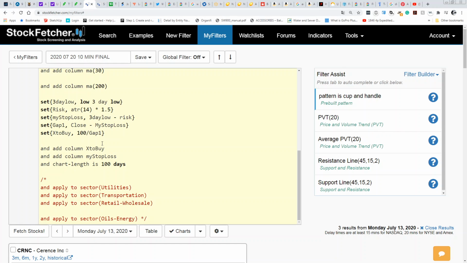The 3-day low is the price, right? Minus the risk, that's my stop loss. And the gap is the close minus my stop loss. But the gap is the same as the 3-day low minus risk.